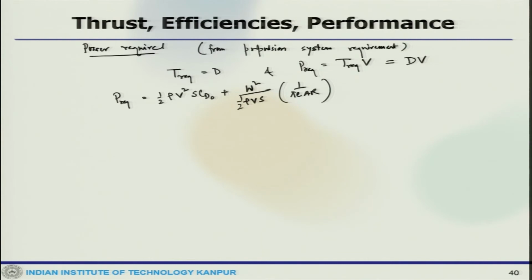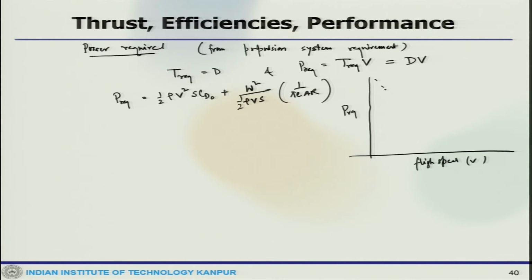Again, if you look at this, this is flight speed V and this is power required, P required.